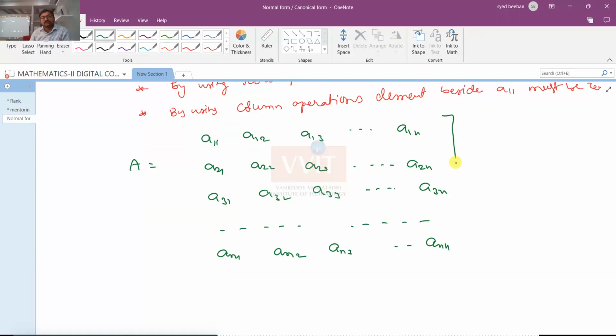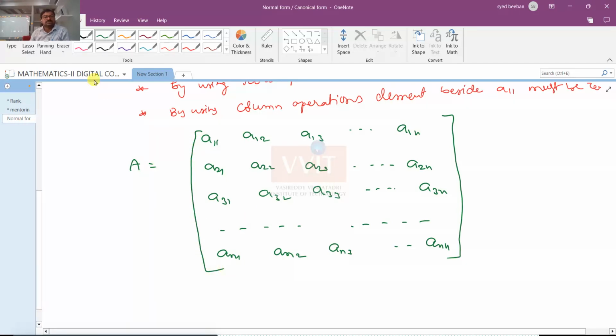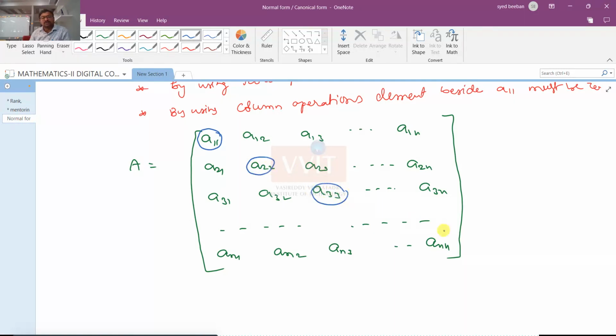This is the given matrix. Now, first I need to identify what is A11, A22, A33 and so on up to ANN. That is the first step as per our discussion.